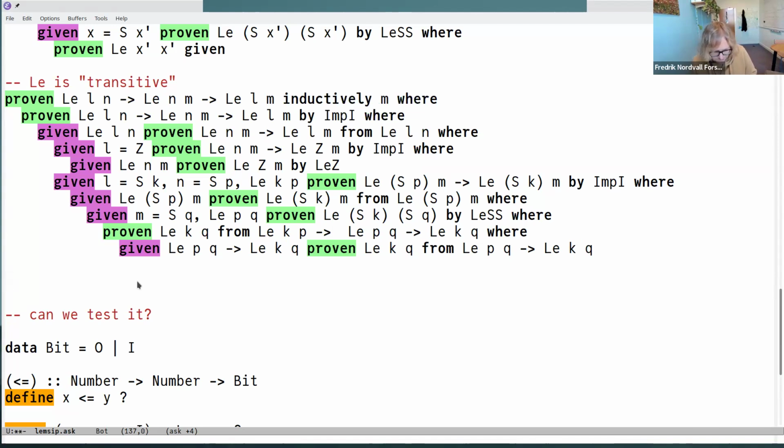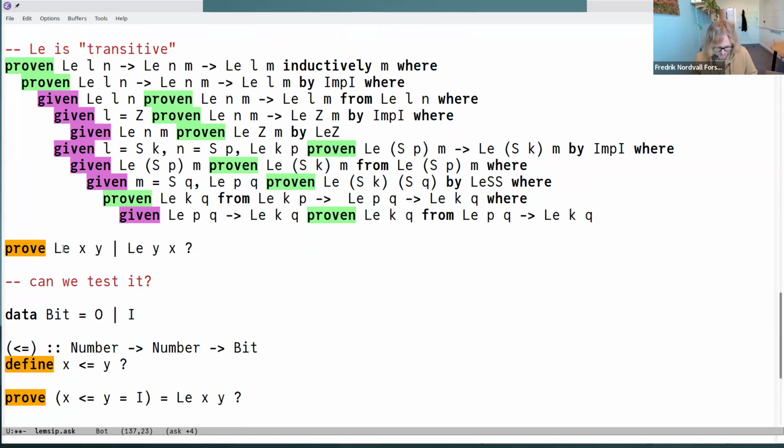Right. So let's see if we have the same definition of total in mind. One way to say that an order is total is to say that every 2 elements are related one way or the other, right? So I would like to show that either x is less than or equal to y, or y is less than or equal to x.